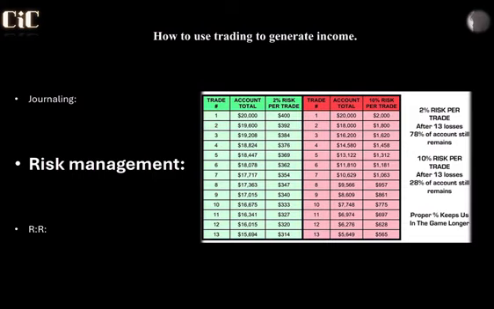The purpose is to generate a stable income every month, as stable as possible, using trading, and slowly and progressively increasing the percentage gain month by month, year by year. Right, that is what professional trading is.